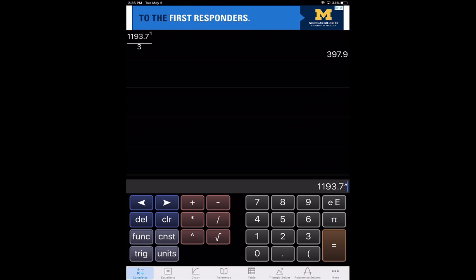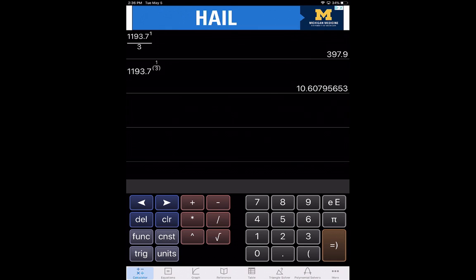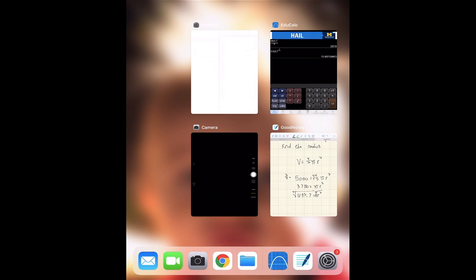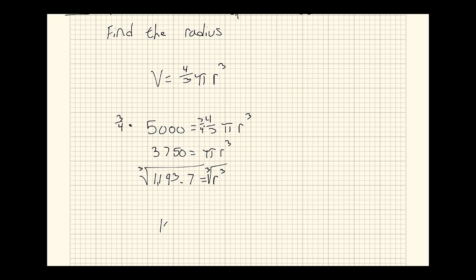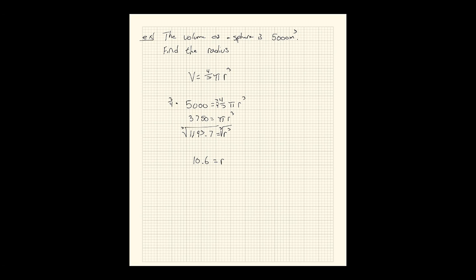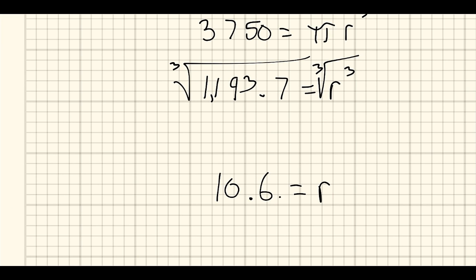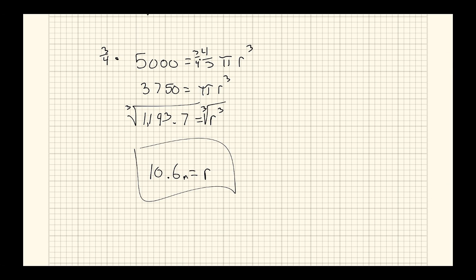Make sure this is in parentheses, 1/3 power, like this. So 1193.7 to the 1/3 power. That's going to give us about 10.6 for a radius, which will work. So 10.6 is going to be my r. This was in meters. So 10.6 meters is my answer.